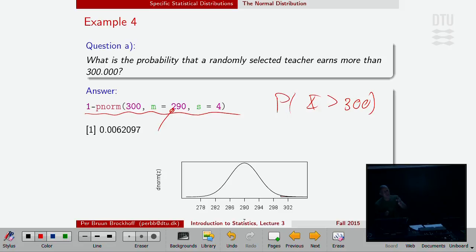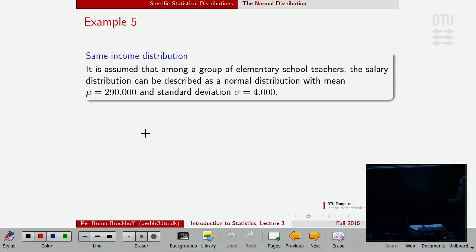So in a first thought you might think there would be more of these guys earning more than 300 because they have a larger mean, but of course I made the little point here that I also squeezed the scale such that actually among these guys there are much fewer having this relatively high, pretty undecent salary.